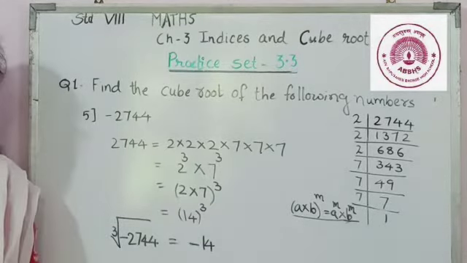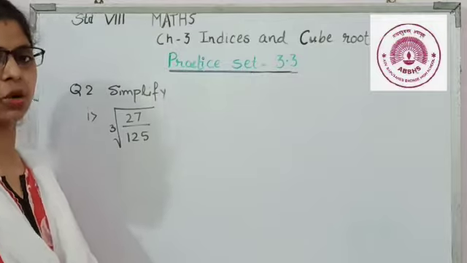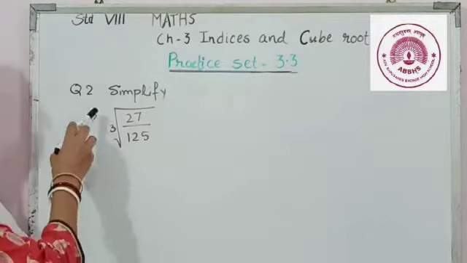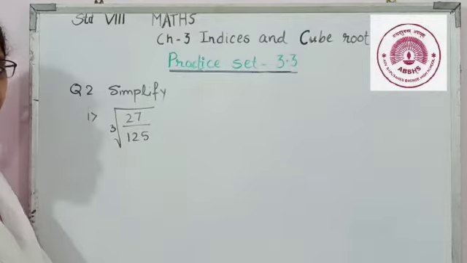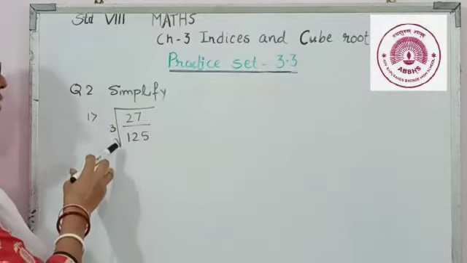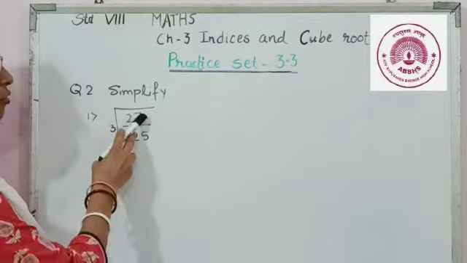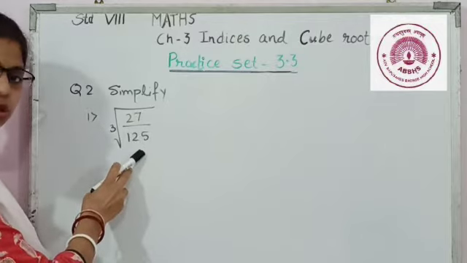Okay. Now we will see question number 2. The second question is simplify. That means we have to simplify this given number. Here the number given is cube root of 27 upon 125.